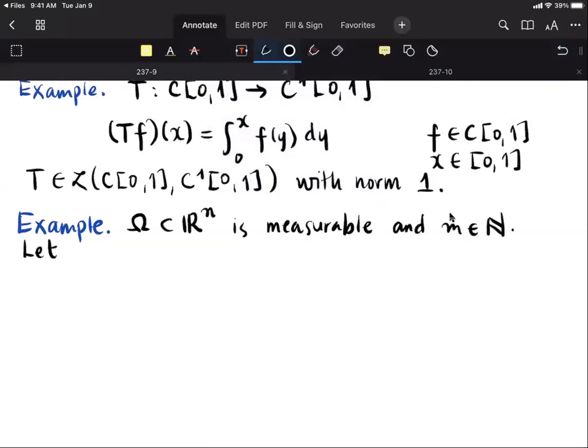And let us consider some family of functions C sub alpha defined from omega to R. So these are real valued, for all multi-indices alpha. Here you may include a zero entry. So for any multi-index alpha of length at most m, that is basically the sum of the components.